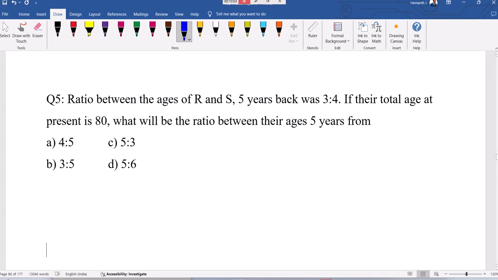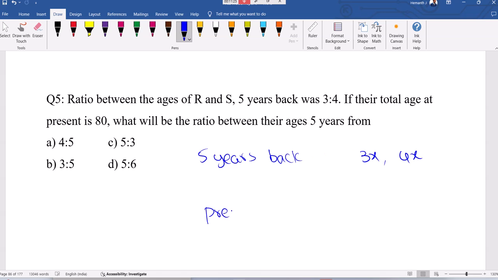Ages, ratio, proportion, partnership. The ratio between the ages of R and S 5 years back is 3:4. 5 years back their ages are 3:4, which means 5 years back it's 3x and 4x.